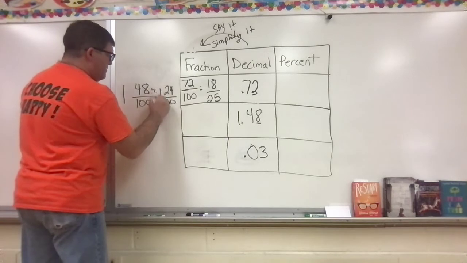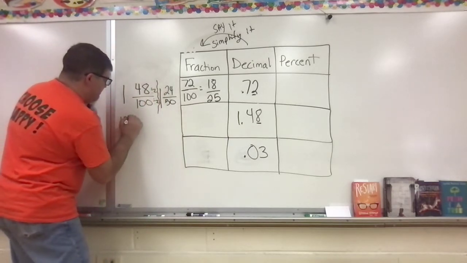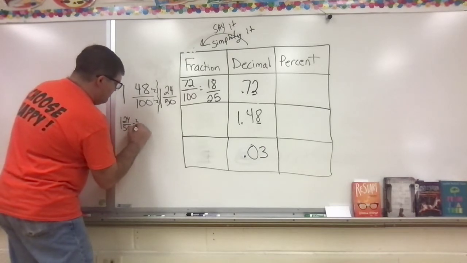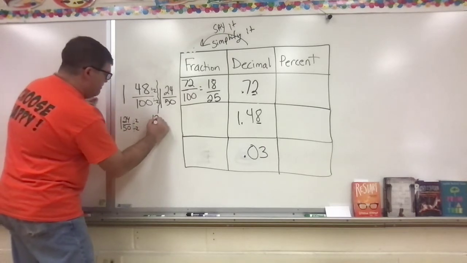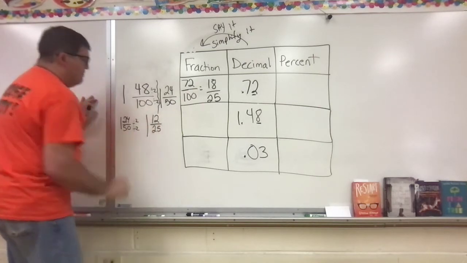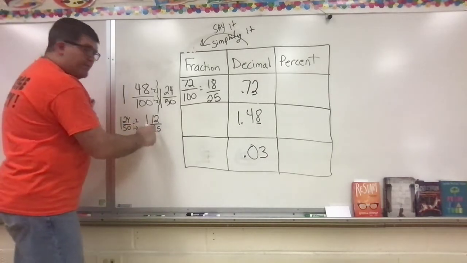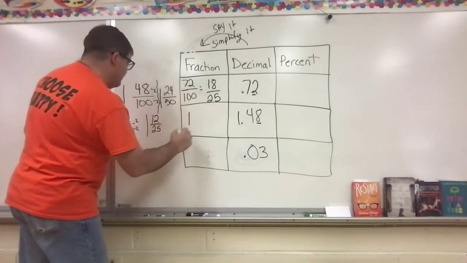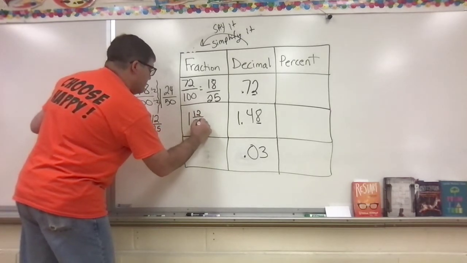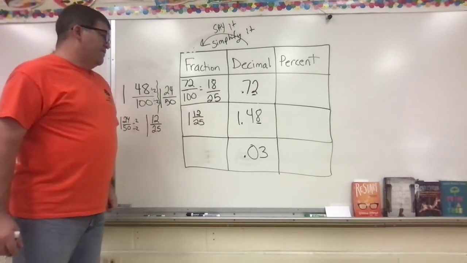Those are both even. So I take 1 and 24/50, and I cut those in half again, and I get 12/25 with the 1. I can't have a number that goes into both these, so my fraction is 1 and 12/25.